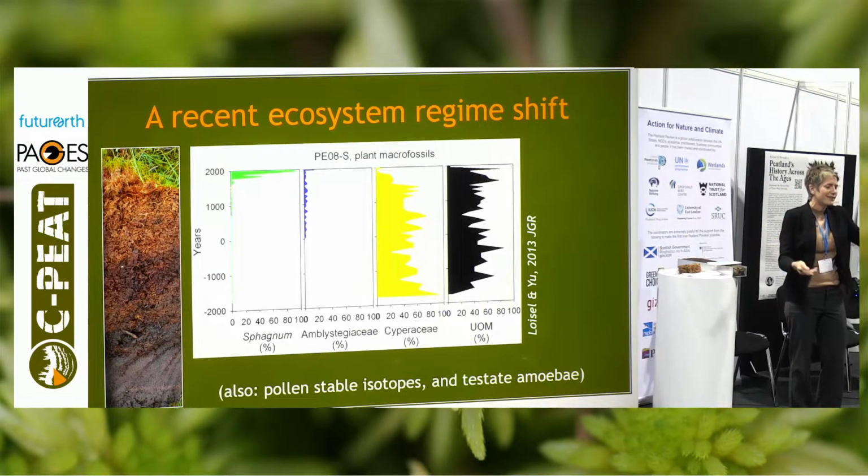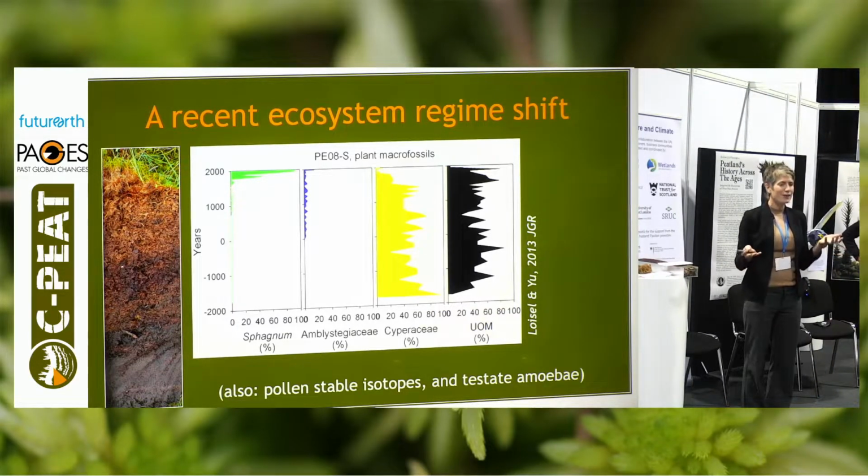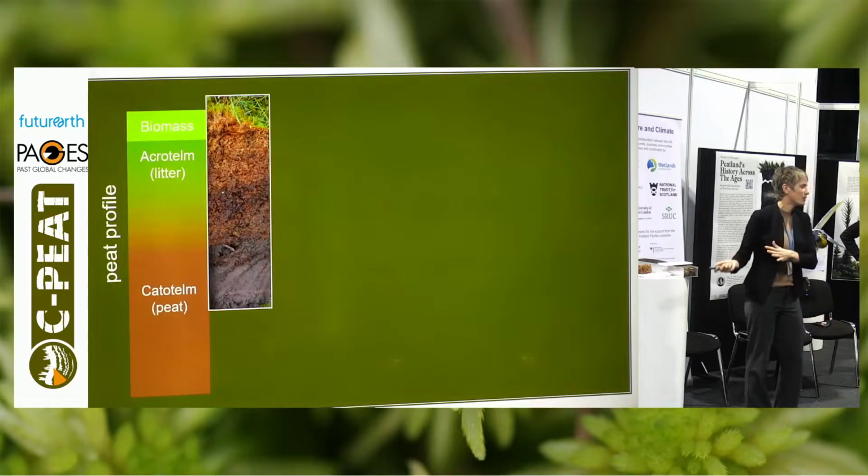It's wet and there are grasses growing and the carbon sequestration is very slow. And now the climate is warming just enough that the water table depth is decreasing and sphagnum can invade and colonize and spread very rapidly. And since this sphagnum doesn't decompose as fast as these other types of plants, they're really capable of putting on more carbon. Okay, so that's the working hypothesis. And we see this at multiple sites.